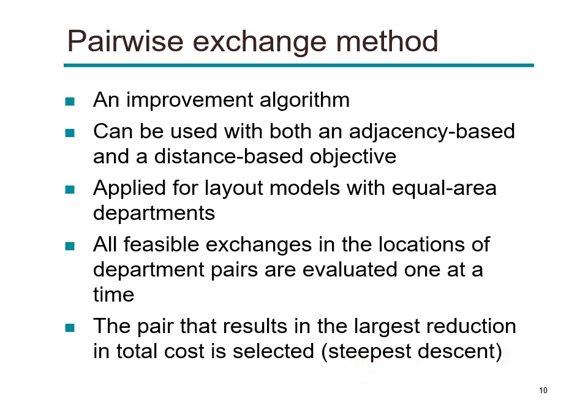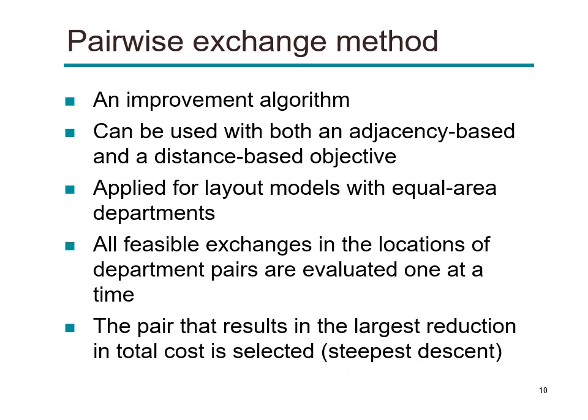So there may be multiple alternatives that provide a reduction in the cost, but among these multiple alternatives, we select the one which provides the largest reduction, and this type of algorithm is called a steepest descent algorithm.